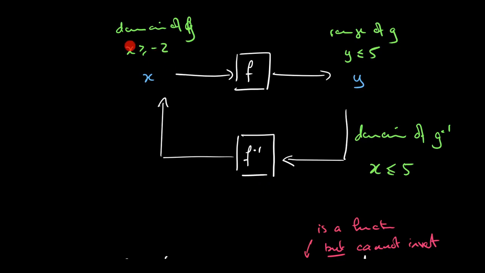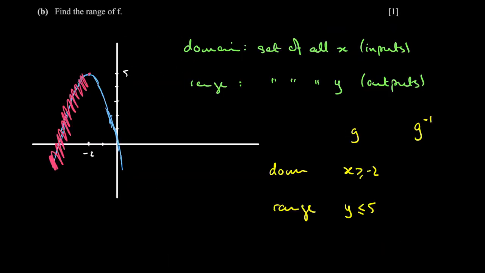Well, we should expect them to be the same as the inputs to the original function. So our outputs should be everything that's greater than or equal to -2. So that would be the range of the inverse function. In other words, the domain of the inverse function is the same as the range of the original function, and the range of the inverse function is the same as the domain, because that's the job of the inverse function.